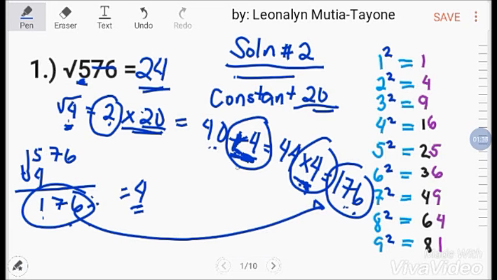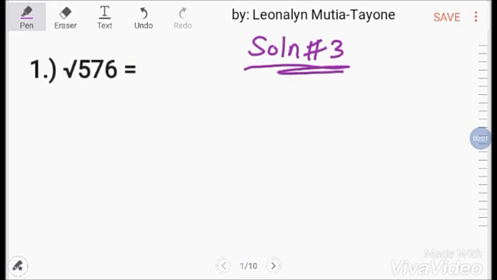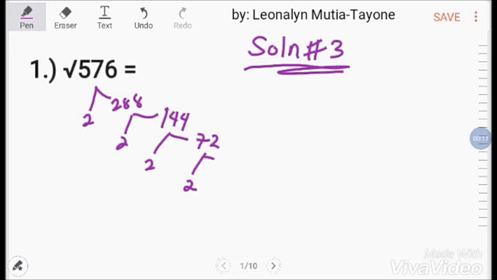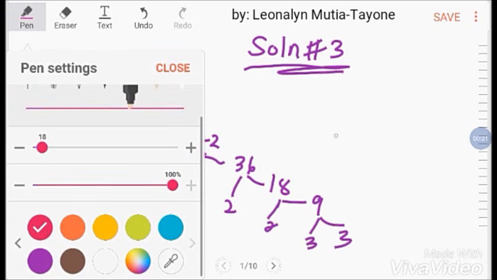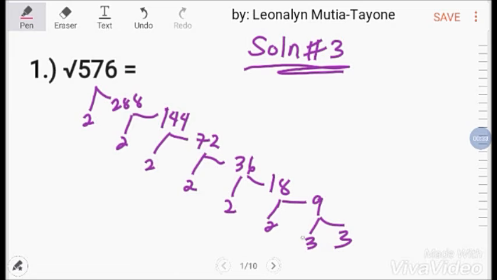Kung medyo nalito kayo, tingnan nyo yung buong video kasi gagawa pa rin tayo ng solution number 2 sa lahat ng mga examples dito. Solution number 3. Let's find the prime factors. Ito yung prime factors. Ipares mo siya.